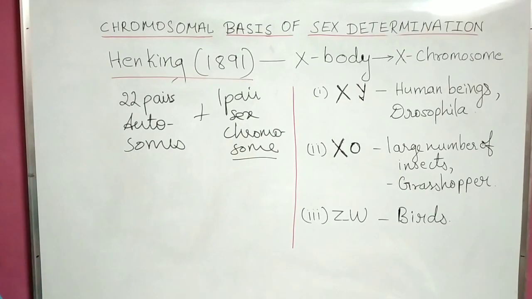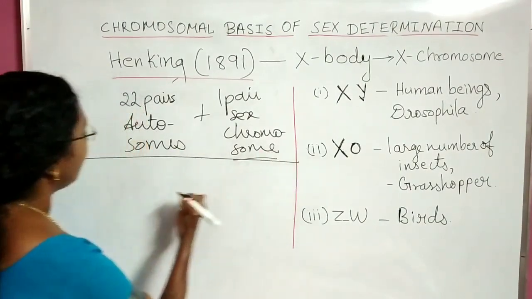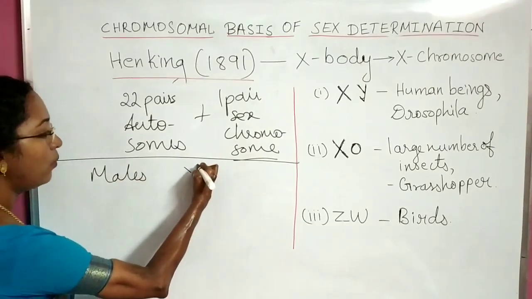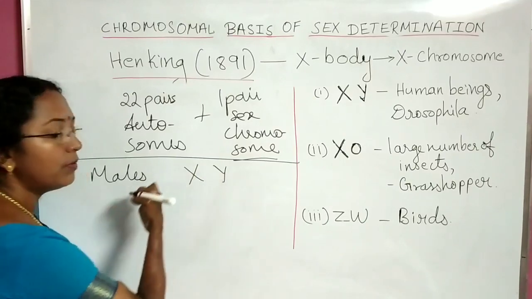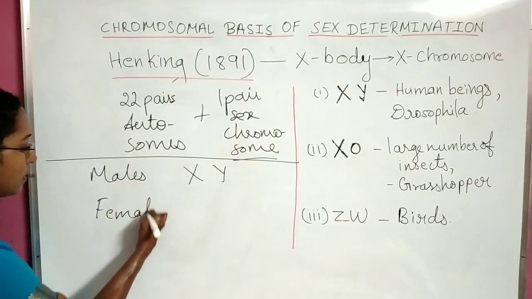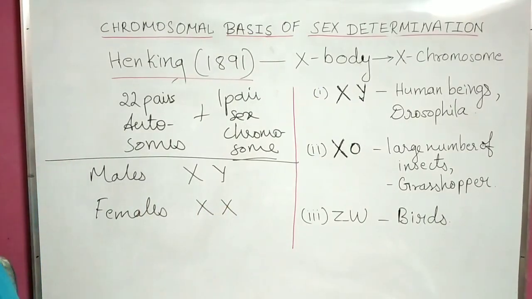This one pair of sex chromosome, in the case of males, you have one X and another one Y. But in the case of females, both the chromosomes are X.